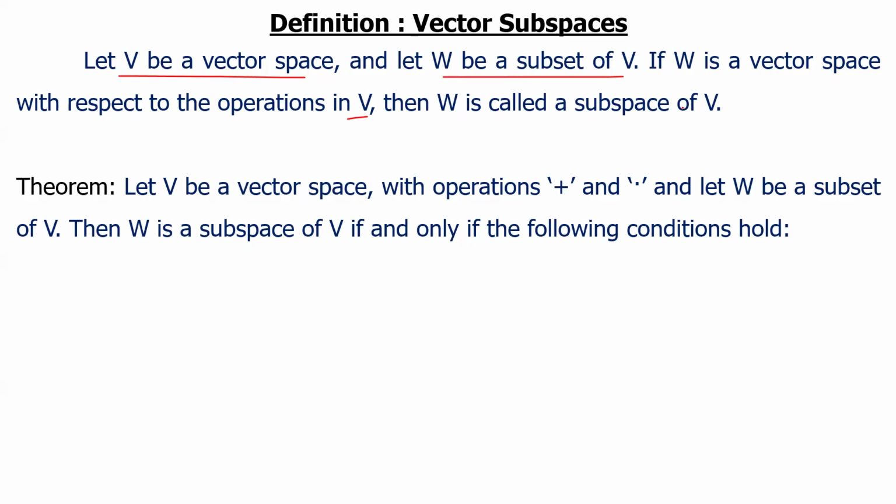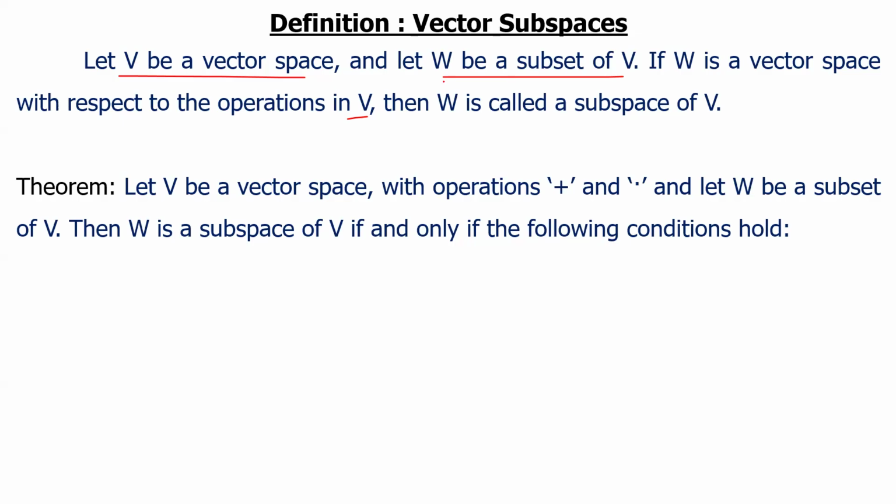There are 10 properties of vector spaces. So all 10 properties of a vector space should also be satisfied by the subset W. Then we say that it is a vector subspace.